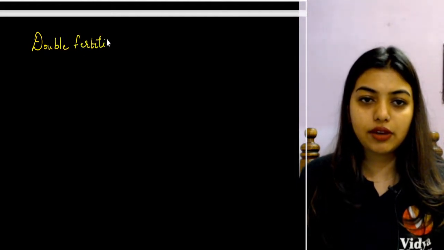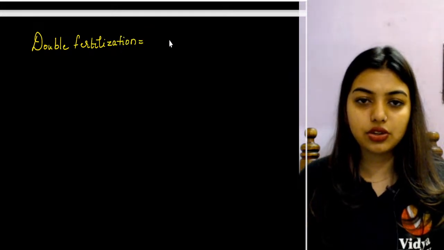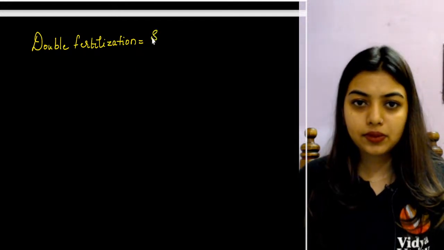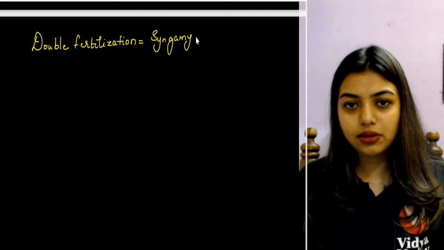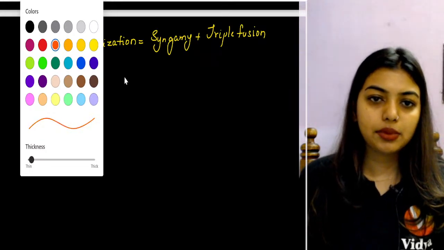You don't have to write it anywhere else. Double fertilization is equal to syngamy plus triple fusion.